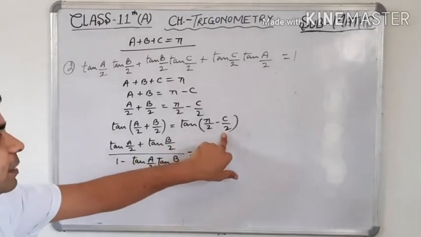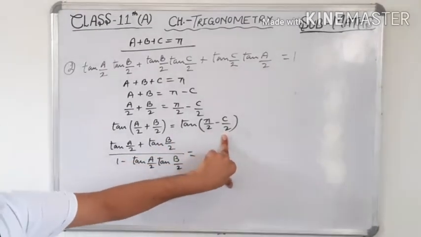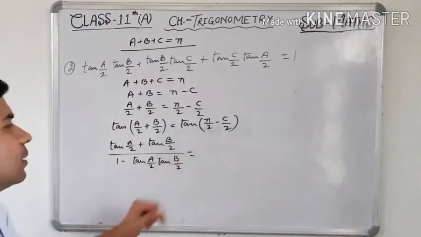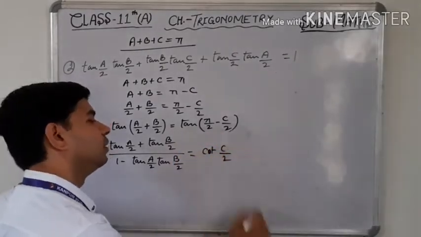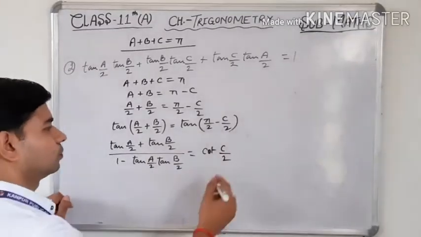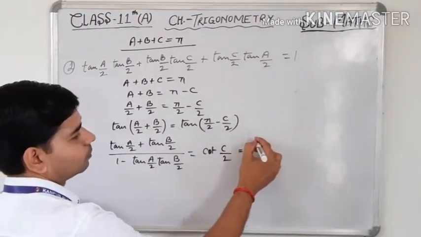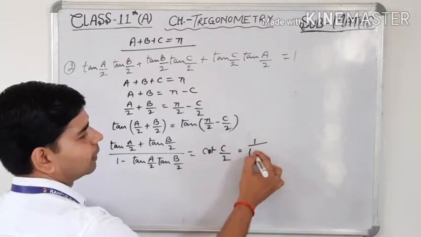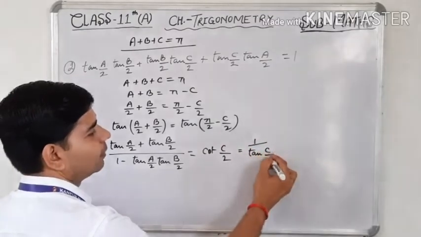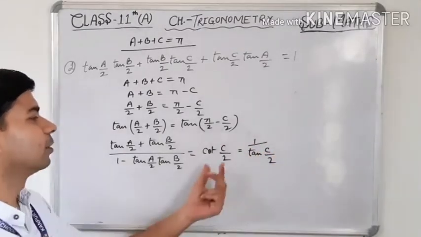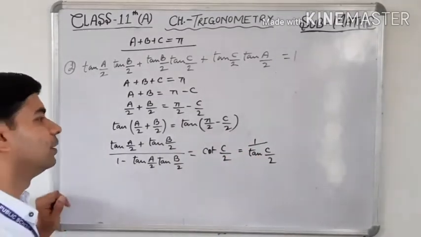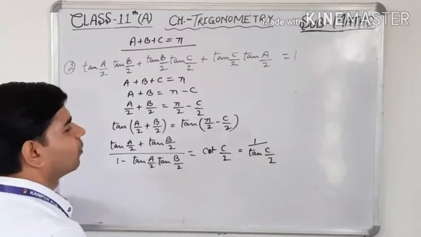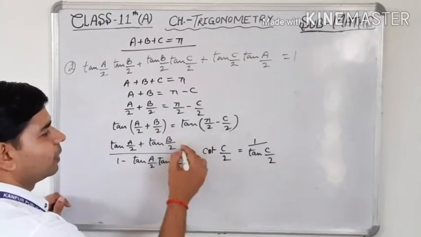Pi by 2 minus theta, the angle lies in the first quadrant, and this is equal to cot c by 2. Cot c by 2 can be written as 1 upon tan c by 2, because cot is equal to 1 upon tan. Now cross multiply it.